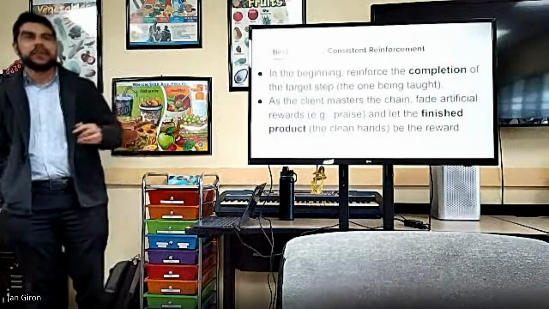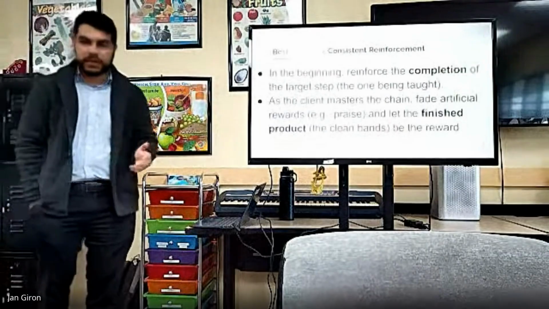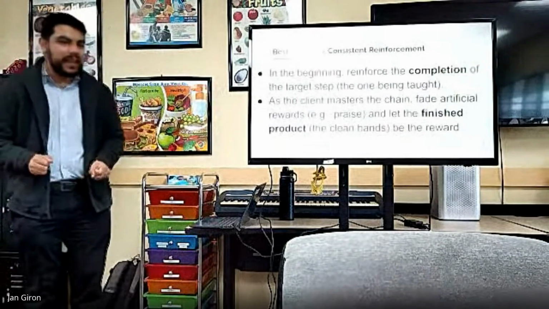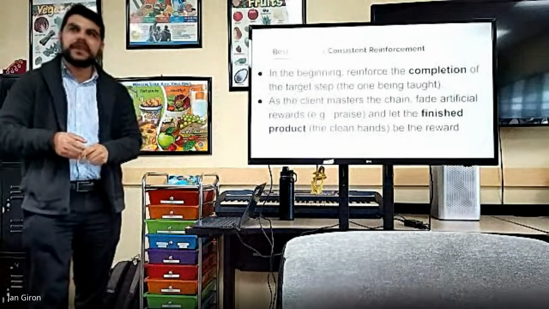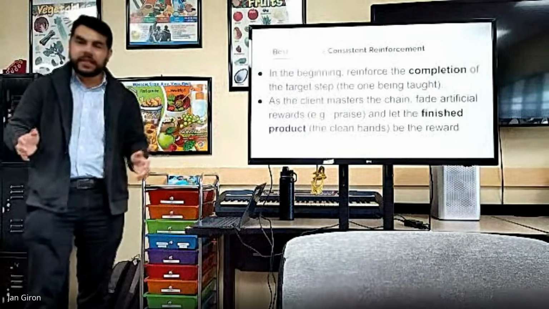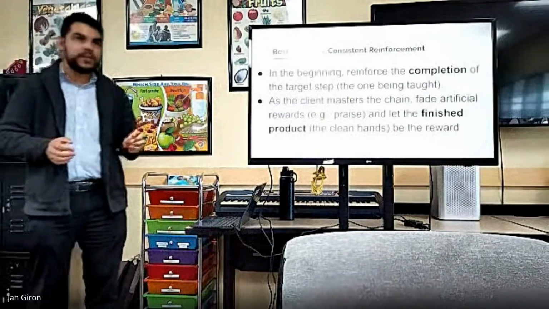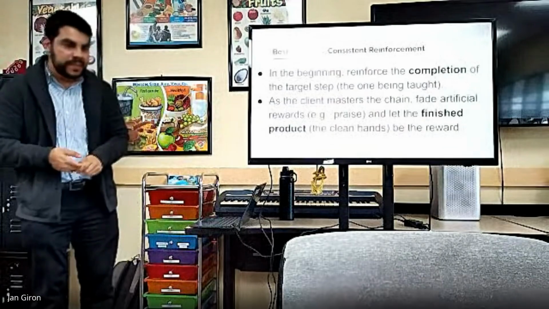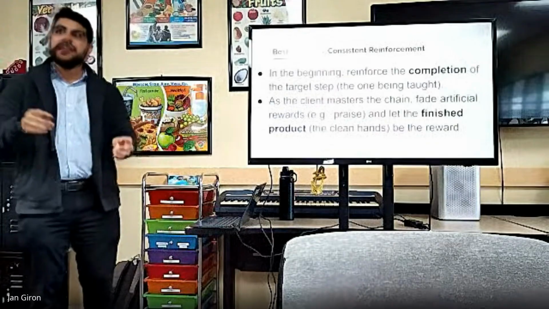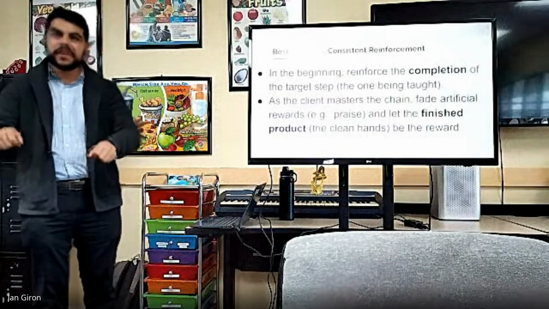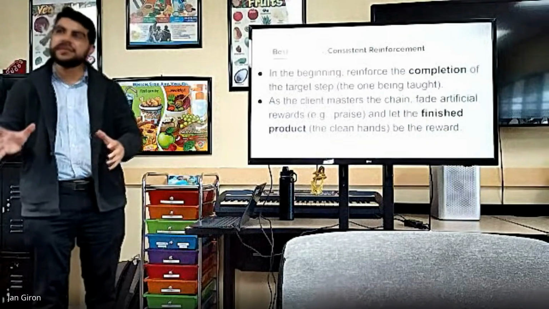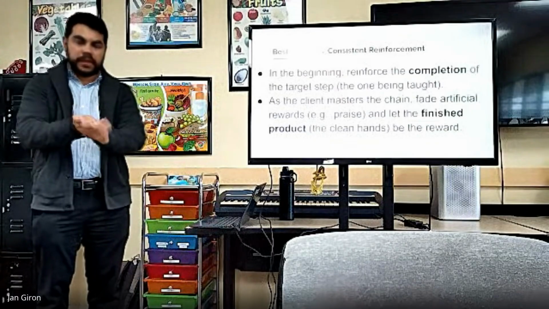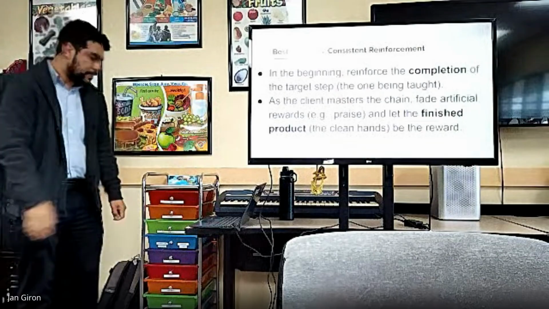So let's say we're teaching somebody to wash their hands, and they can dry them off and turn off the sink, no problem. However, they have a difficult time rubbing their hands together. This is the third step in this task analysis. So we don't reinforce the drying of the hands or turning off the sink. We're only going to reinforce those instances where they do lather their hands under the sink.